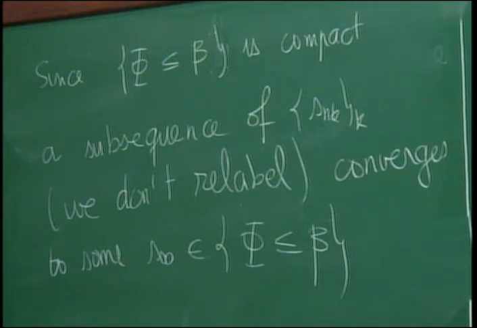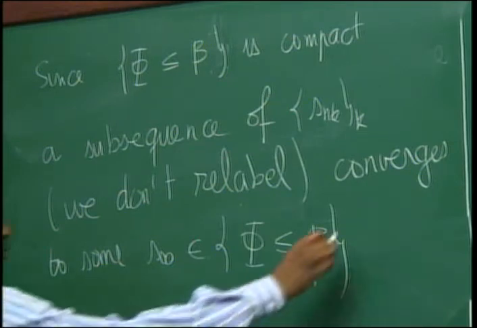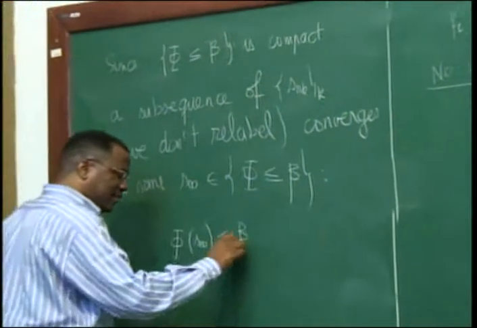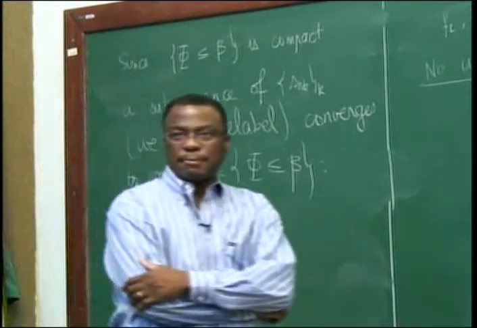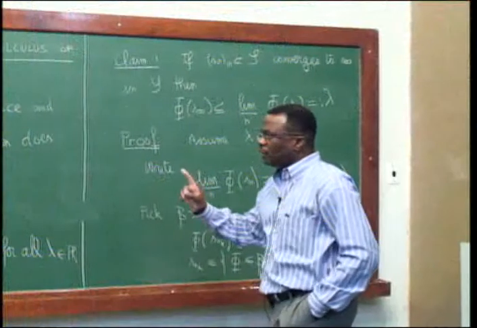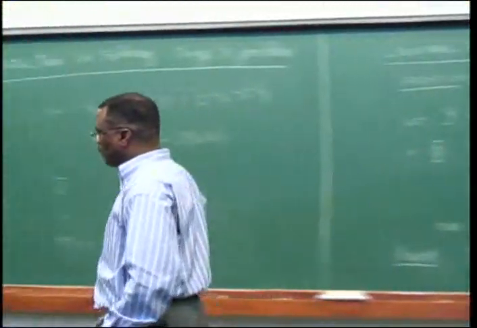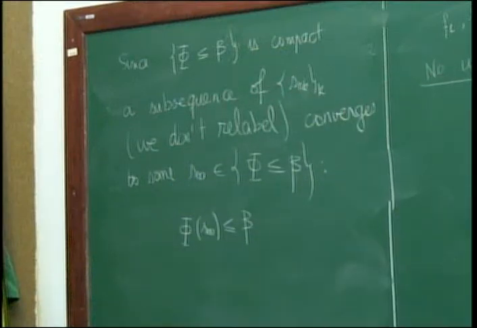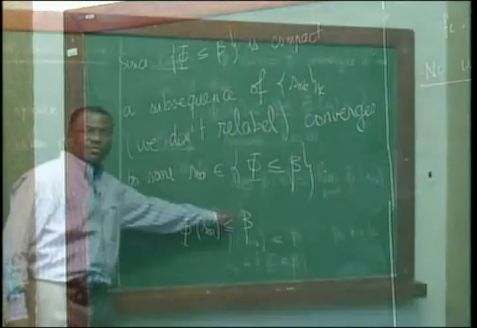So let me write what this means. This means phi of S_infinity is less than beta. Now I can conclude that lambda cannot be negative infinity.